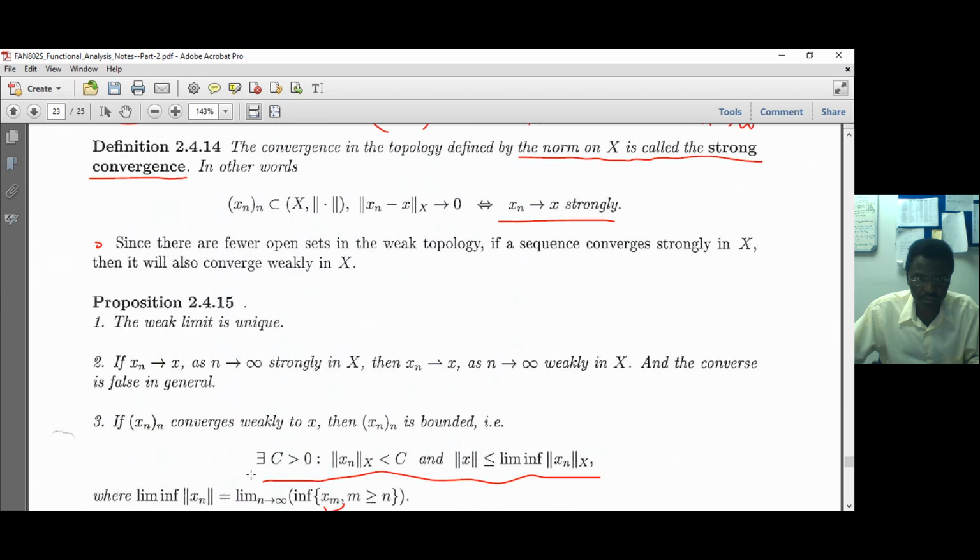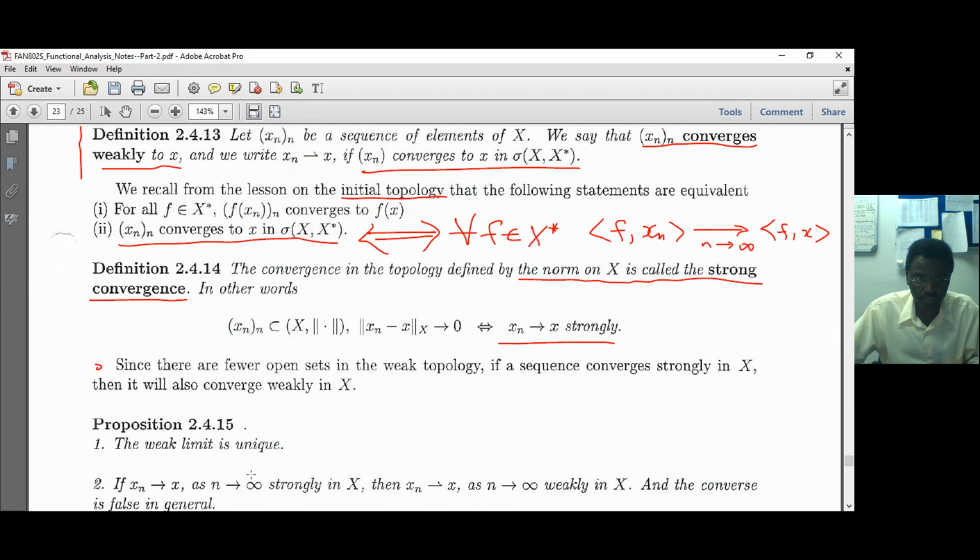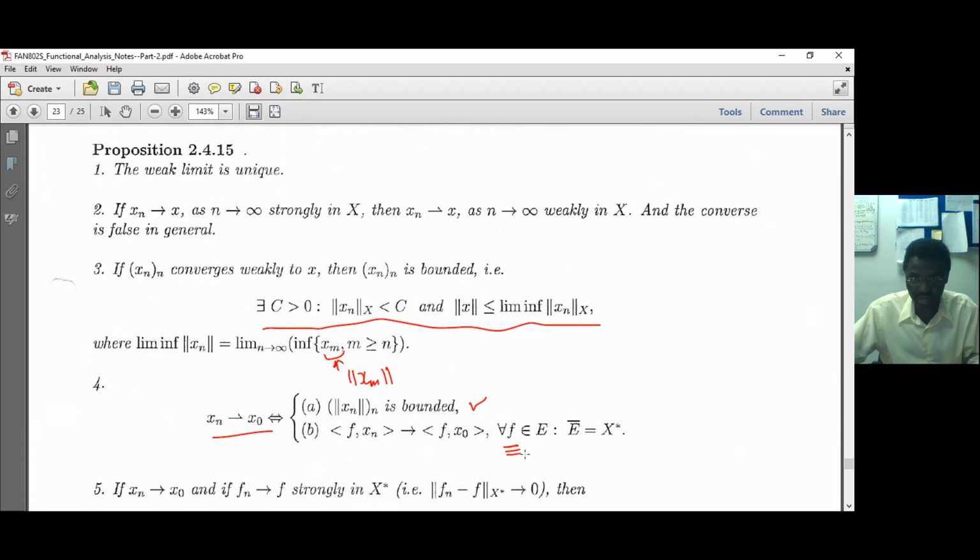You see that here, we say that this weak convergence is equivalent to this for any x in x star. Now here we are not saying for any x in x star, but in E, where E is dense in x star.